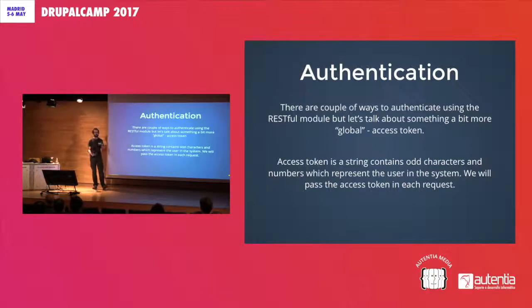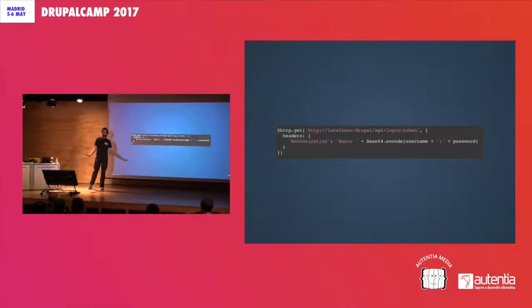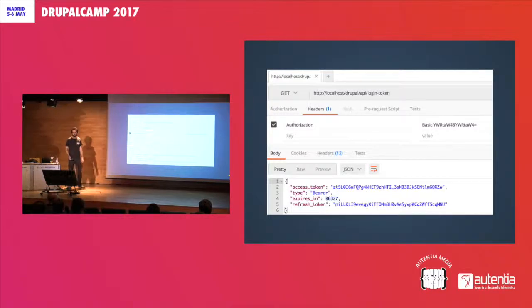The first request we do once we authenticate is to get this token. We keep it in the application, and then we use it in every request to the backend to identify the user. This is how it works. You just do an HTTP get on the URL and send an Authorization header, Basic, with username and password encoded in base64, and that's it. You get something like this: the access token, and when it expires, and then you use that access token everywhere.